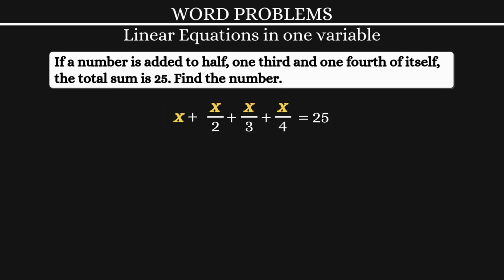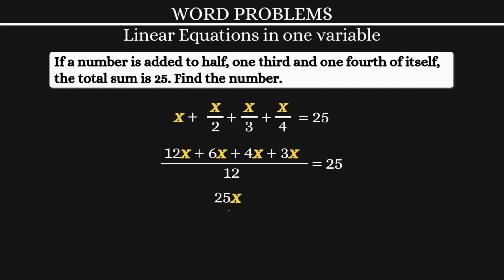Let's start by simplifying the left hand side. We'll find the LCM of the denominators, which is 12. And in the numerator, we have 12x plus 6x plus 4x plus 3x. This is equal to 25. 25x by 12 is equal to 25, and cancelling 25 on both the sides, we get x is equal to 12.